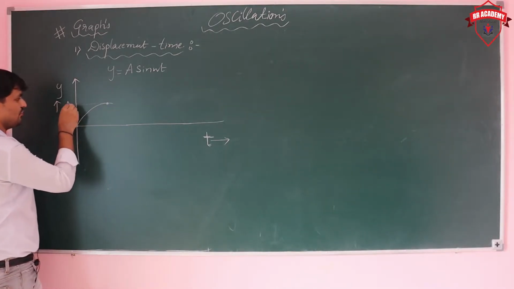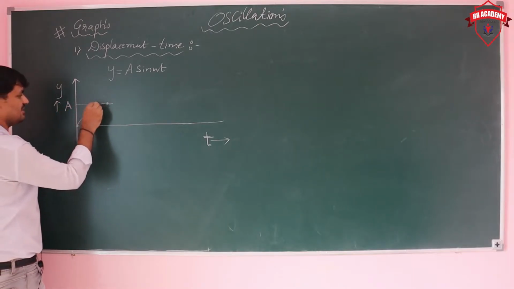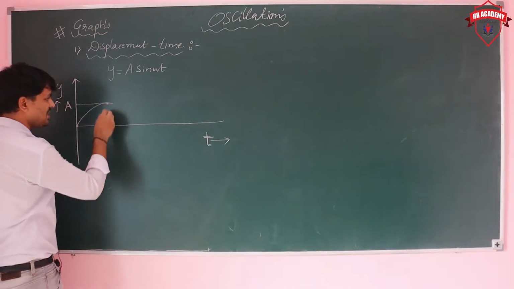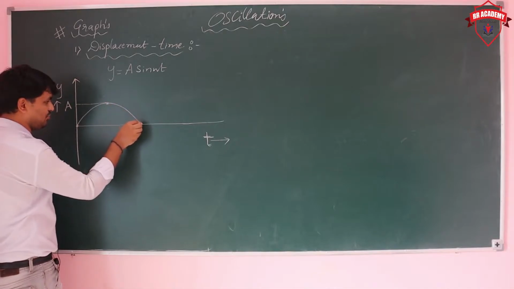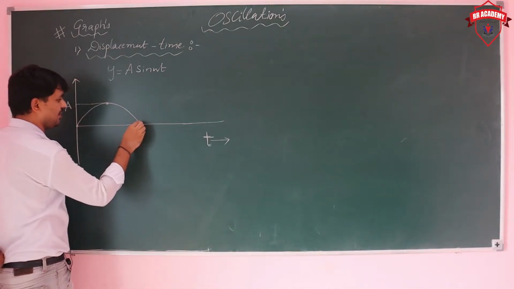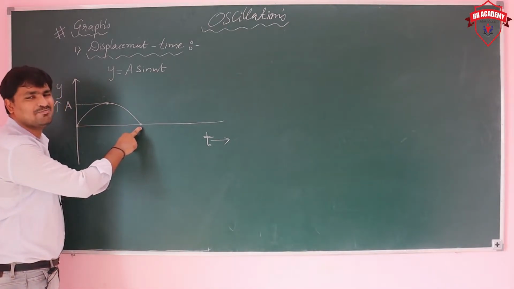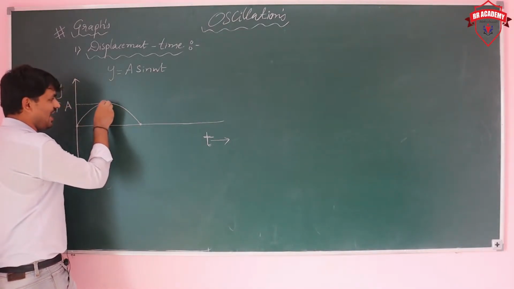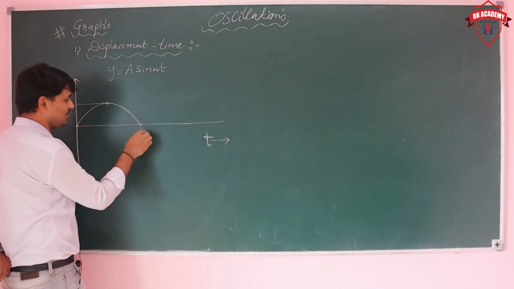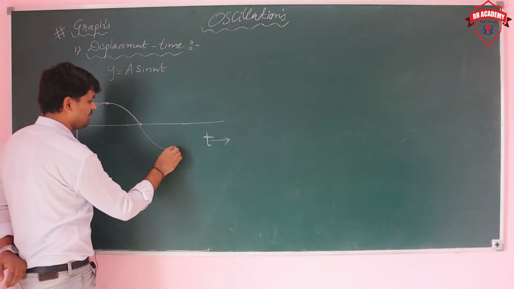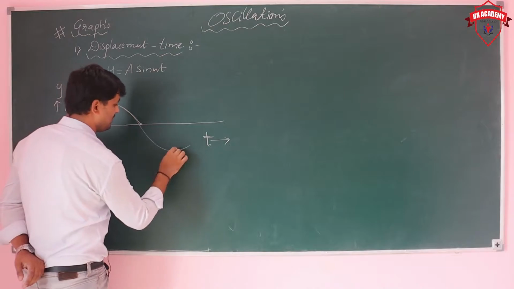At extreme position we know that displacement is maximum. How much? A. And again it comes to the mean position. At mean position what happened? Displacement is again 0, and it is moving to the other extreme position with the maximum amplitude, maximum displacement.